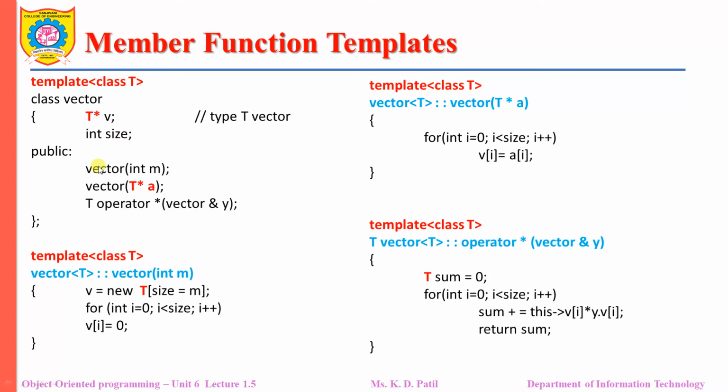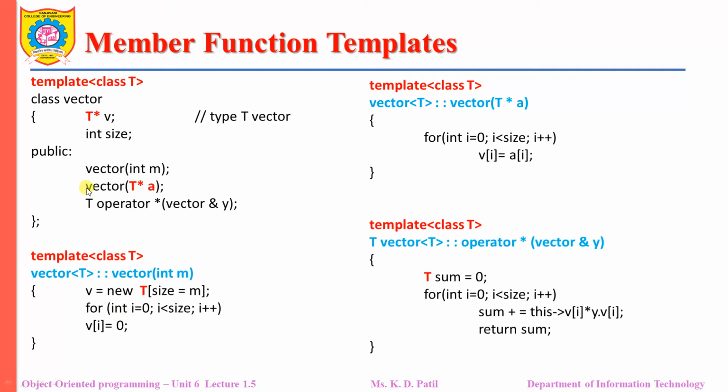Now these are the three member functions of my class vector, and if you want to declare those member functions outside the class as member function templates, then you can simply write the template statement with vector T, that is the name of my class, followed by the generic type T, followed by the scope resolution operator, followed by vector with the argument list, that is m in this case. And this is the function definition.